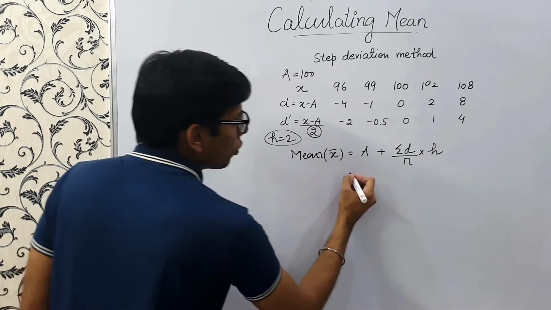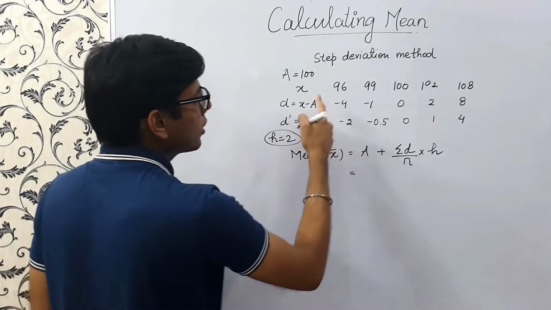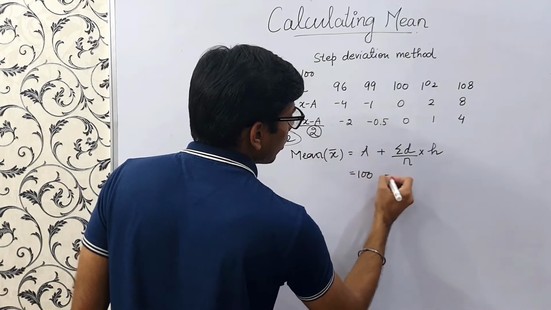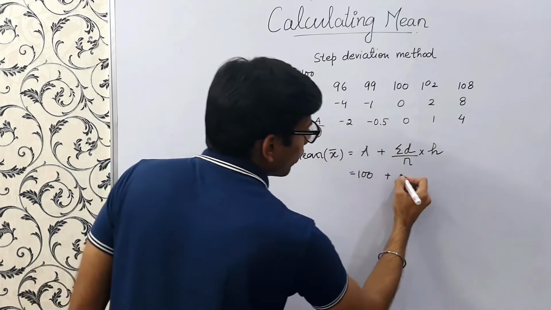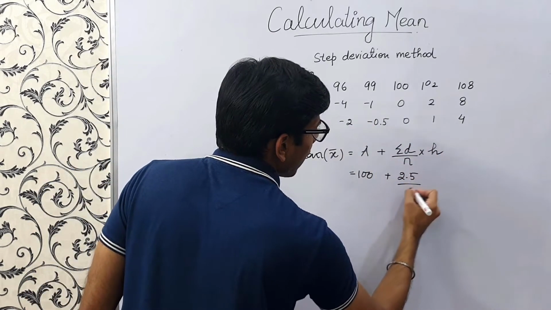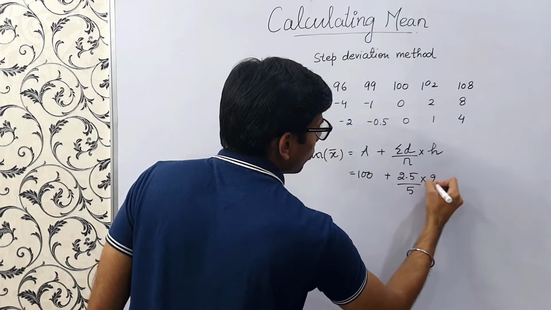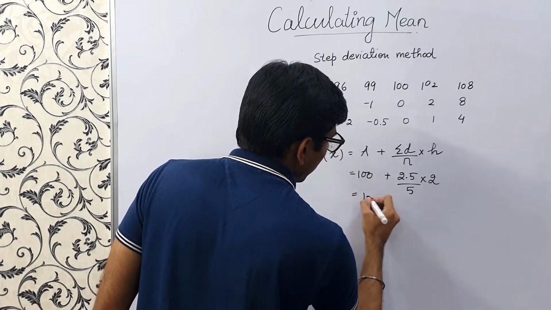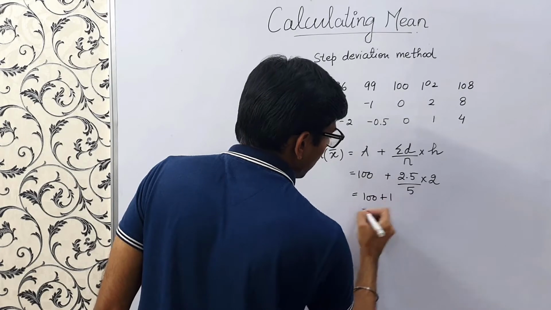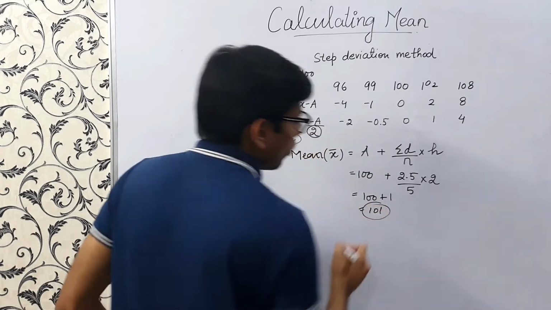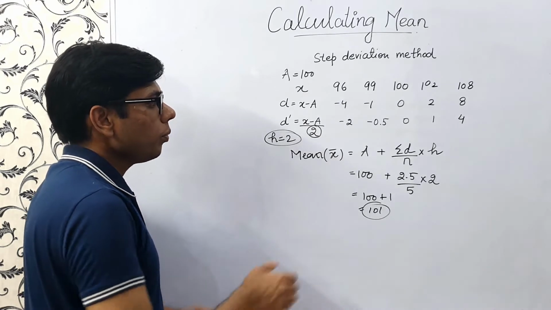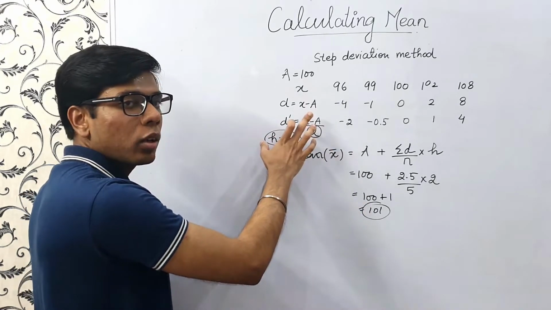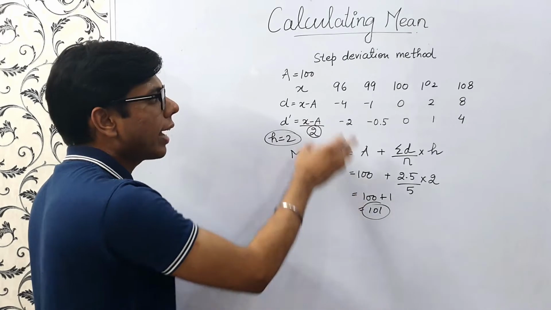So our mean would be simply a, which is 100, plus summation d by n, which is 2.5 by 5, into 2. So this is nothing but 100 plus 1 equals 101, which is the mean that we got by the assumed mean method and also by the direct method.